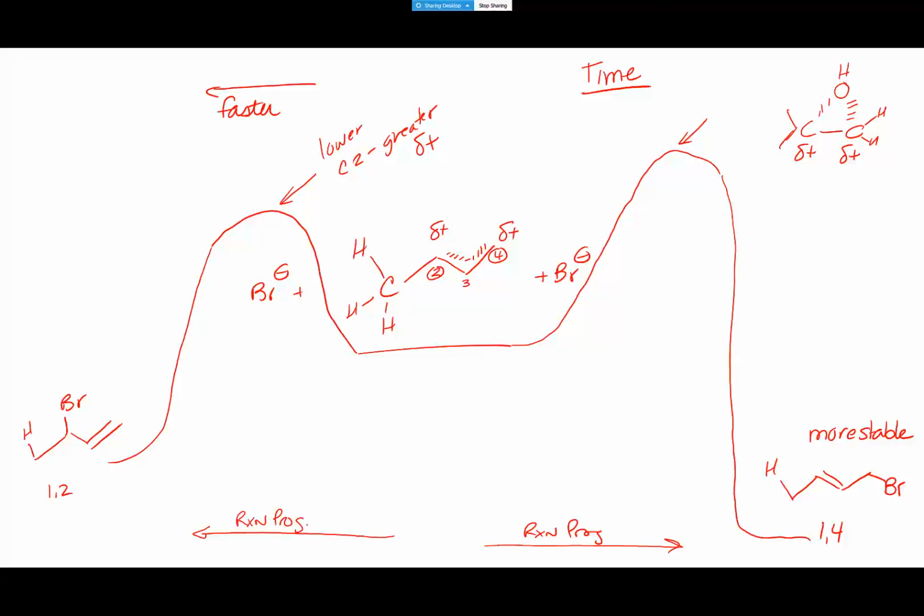So if I react this a short time, what product's going to be favored? The 1,2 or the 1,4? The 1,2. Short reaction time, I'm going to favor the 1,2 product.